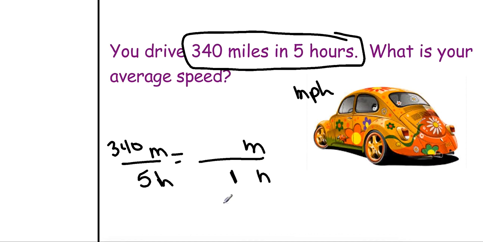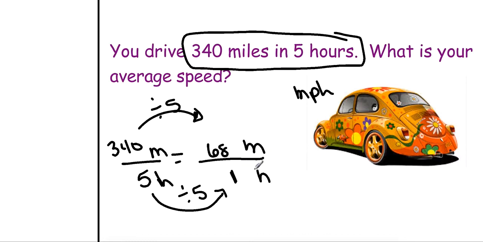How do I get it to 1? Well, I divided by 5 to get to 1, so I have to divide the top by 5. So 340 divided by 5 gets me 68 miles per 1 hour. I'm going 68 miles per hour. So there's my average speed. Don't tell anyone we're speeding.